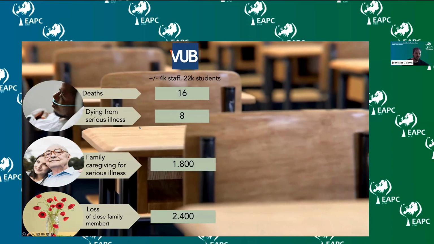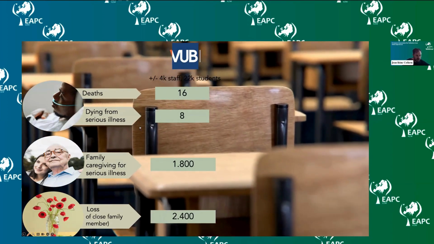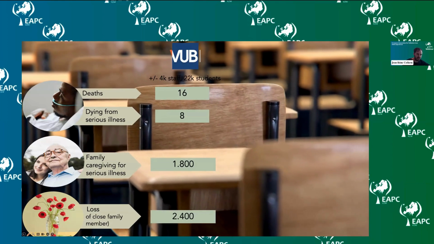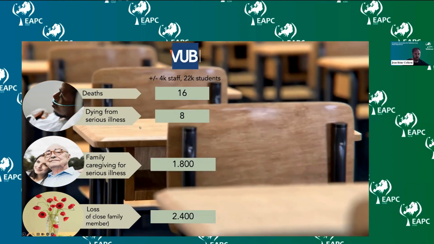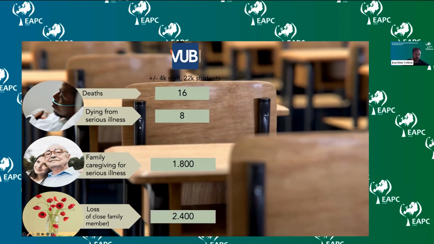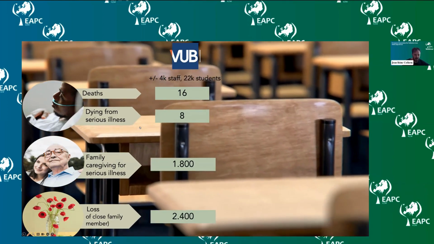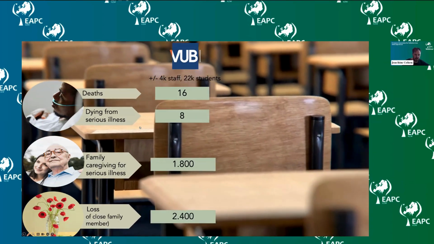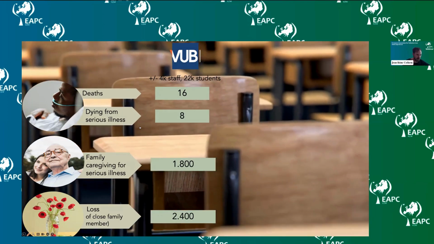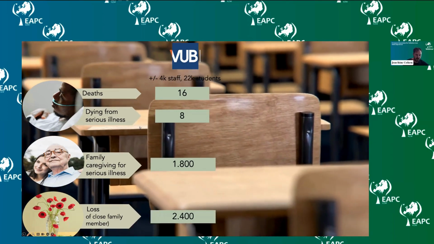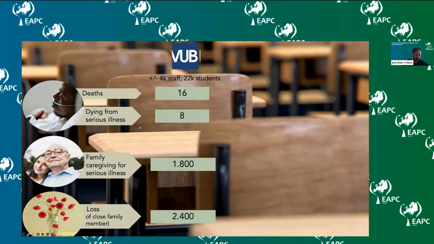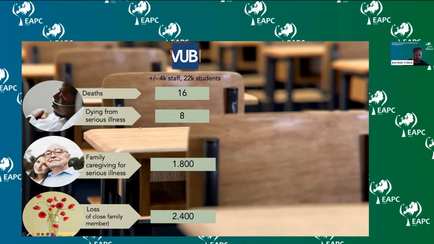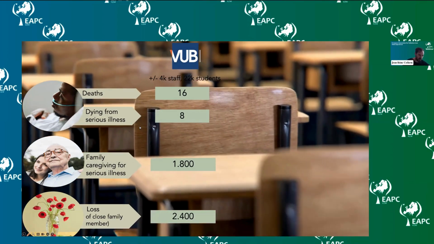In our university, with the age distribution, of course, it's a relatively young population, but there will nonetheless be every year 16 deaths, of which 8 from serious illness. About 1,800 people will be providing family care for someone with a serious illness, and they would have to combine this with all the challenges of studying, of doing exams, and finding a balance in it. About 2,400 will be confronted with loss of a close family member, and we're not even talking about neighbors or friends.